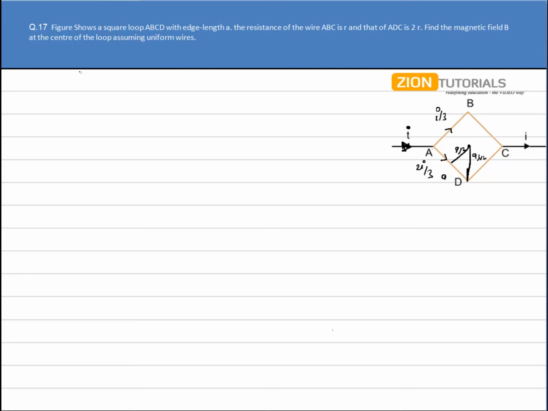So first of all, calculating the magnetic field due to ABC, that will obviously be inside, which can be found by the right hand thumb rule. The magnetic field due to AB is given by the formula mu naught I by 4 pi P times sin phi 1 plus sin phi 2.